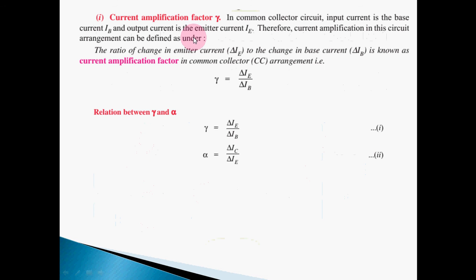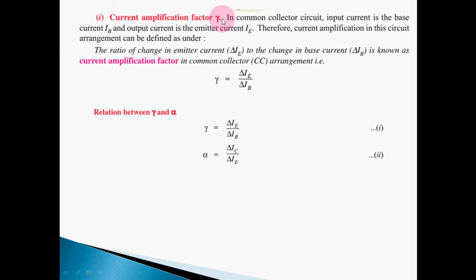Here, considering common collector configuration, the current amplification factor is denoted as gamma. As we know, for common base, the current amplification factor is alpha. For common emitter, the current amplification factor is beta, and for common collector, the current amplification factor is gamma.